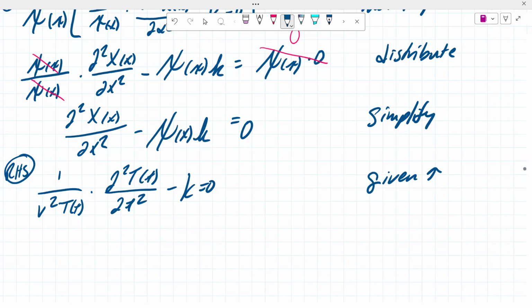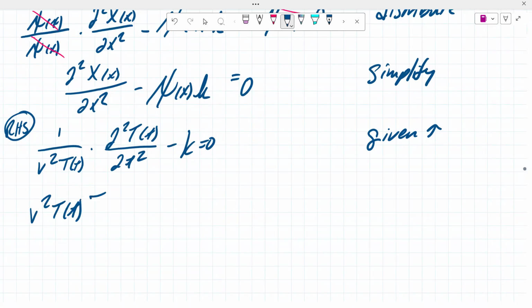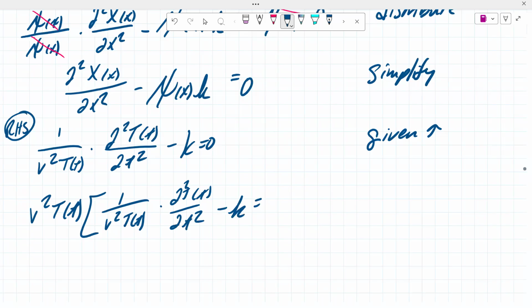And then we're going to multiply out by the denominator. So we follow the same procedure. We're going to do v squared t of t times the whole thing, 1 over v squared t of t times d squared t of t over dt squared minus k equals 0.